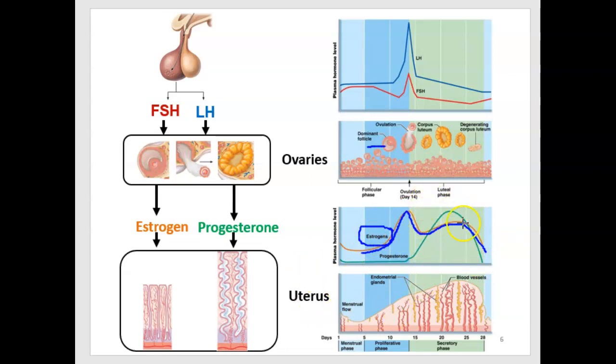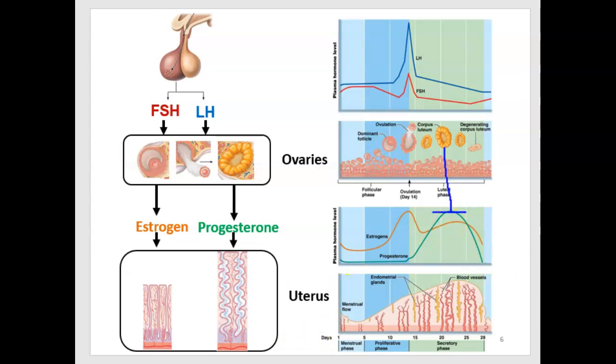The corpus luteum is what makes progesterone. And it makes sense that the progesterone level is going to be highest in the luteal phase, when the corpus luteum is present.